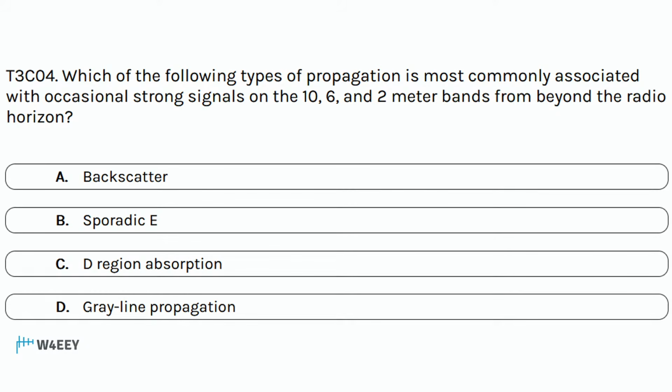Bravo. So we're talking about 10 meters, 6 meters, and 2 meters. So these are close to VHF frequencies, and this is where we have the gaseous clouds in the E region, sporadic E. Gray line is more for lower frequency signals, 160, 80, and 40 meters.